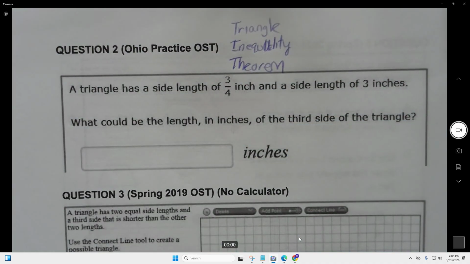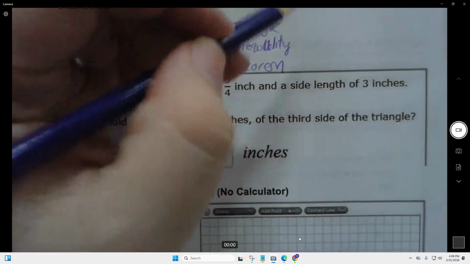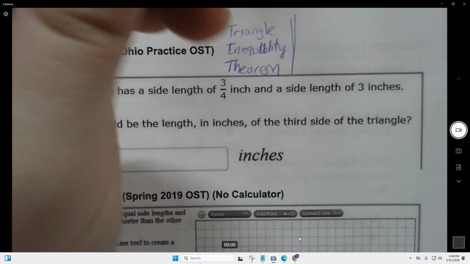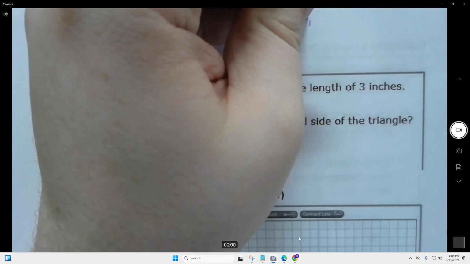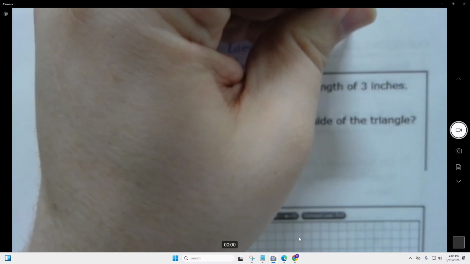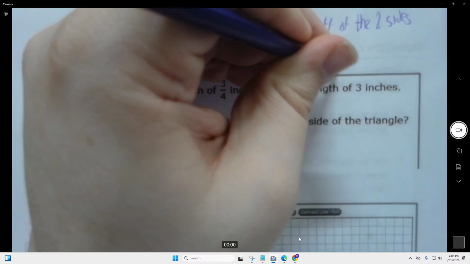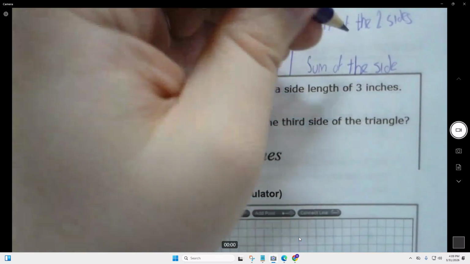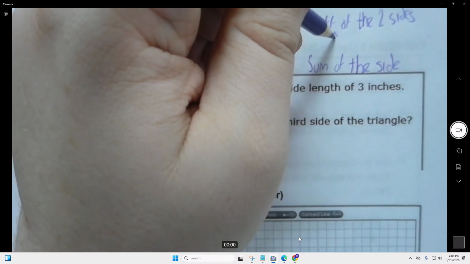Which is a fancy way to say that if you know two sides of a triangle, you can roughly guesstimate what the third side would be. How this works is you take the difference of the two sides that you know, and the sum of the two sides that you know, and your side has to be somewhere in between.